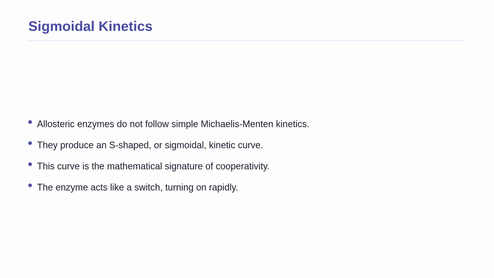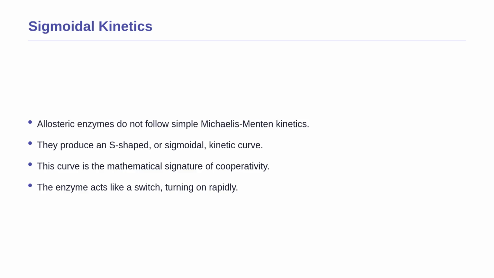This elegant biological control mechanism directly affects how we measure the enzyme's speed. Because allosteric enzymes have multiple interacting subunits, they do not follow the classic, simple Michaelis-Menten kinetics that produce a standard hyperbolic curve.